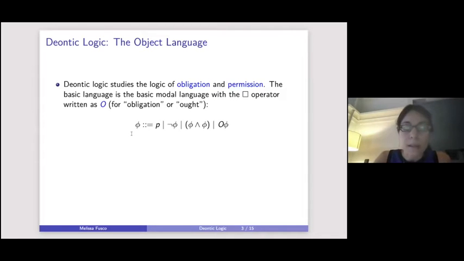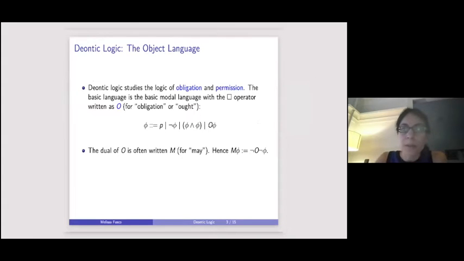So this is the signature of the language. The well-formed formulas are a collection of atoms, P, Q, R, then negation and conjunction, which together take care of the Boolean fragment of the language, the propositional fragment. And then instead of your box phi, you have an O phi, and that stands for ought.